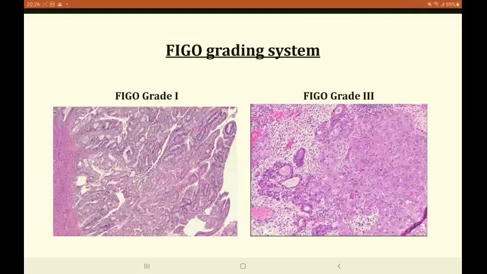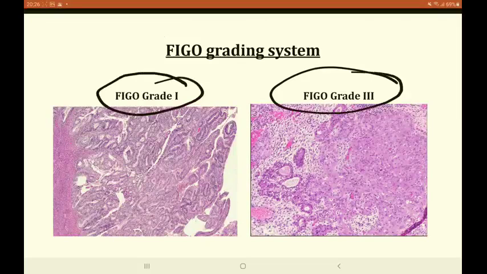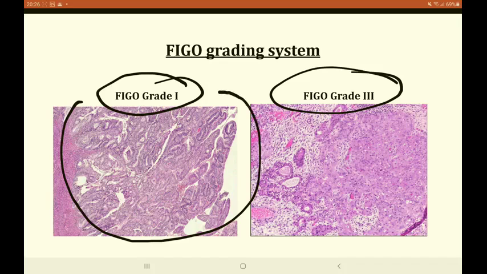Now let us have a quick look at FIGO grade 1, grade 2, and grade 3. FIGO grade 1 has a lot of glands, and we see very little of the solid non-squamous pattern.